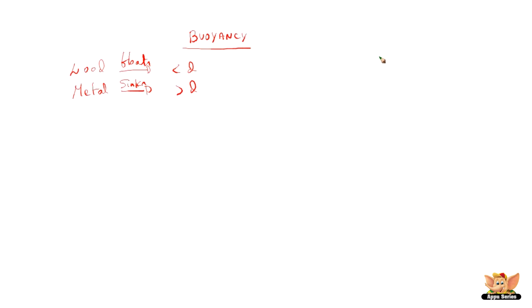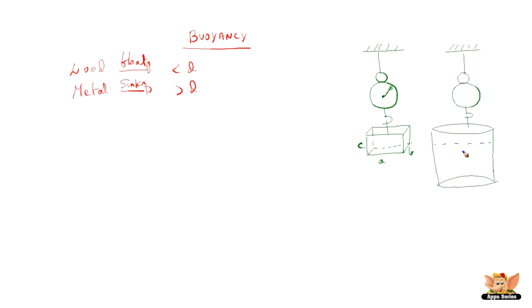Let's see, for example, an experiment that can be conducted on this, wherein there is a weight scale and hanging from it a box of wood with dimensions length A, breadth B and height C. Now this is hanging in the air. Now the same box we will immerse into a tank of water.